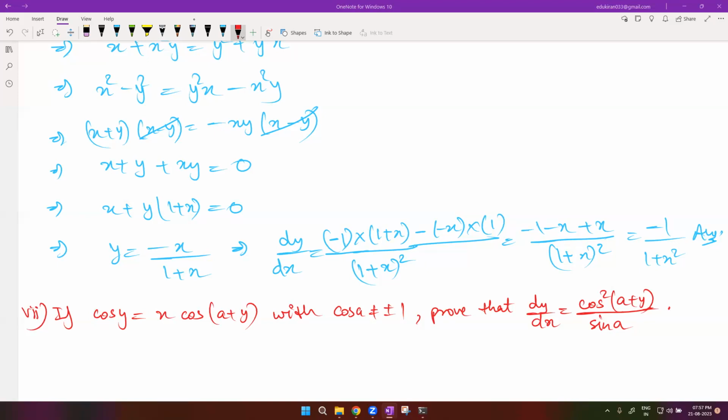But rather, you do have x in terms of y, because x is equals to cos y upon cos of a plus y. Shalom, let's try this for 2 minutes, then I will solve this if you are not able to.